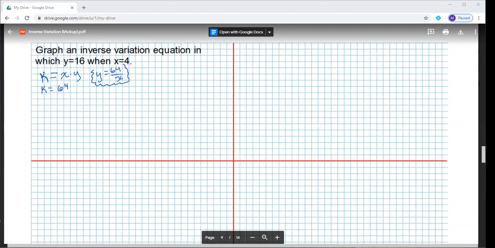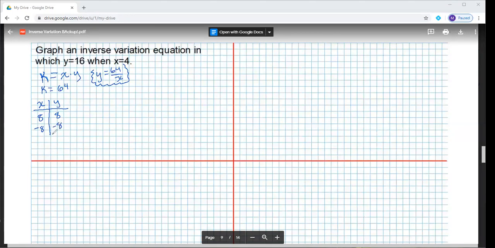Now that we have k, we have to find factors of 64 to graph. Do we want to graph 1 and 64? Heck no. Who wants to do that? So let's just pick some x and y values that work nice and well to give us the general idea. Of course, we have 8 times 8, 8 and 8, 64, and we also have -8 and -8.